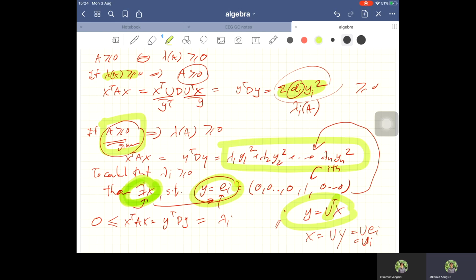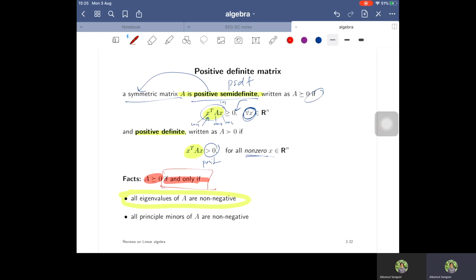In order to show that, you are allowed to choose y as a standard unit vector. The reason you can always do that is that you always find x equal to column i of the matrix U, that gives you the vector y as e_i.